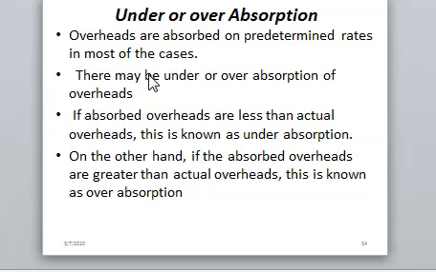In that case, if you have over absorbed an overhead, then the difference will be recognized as a gain because you absorbed more than what you incurred. That is an over absorption.